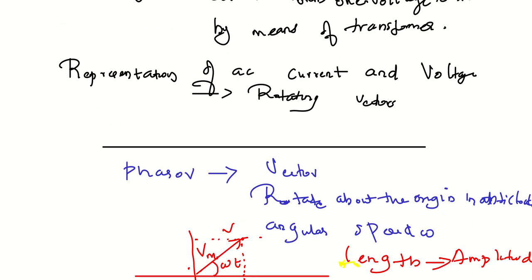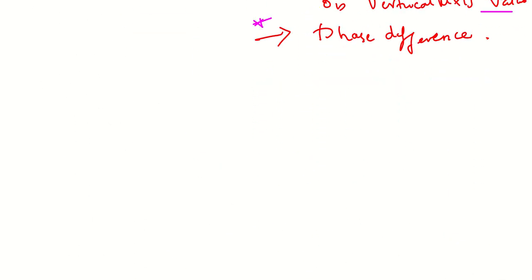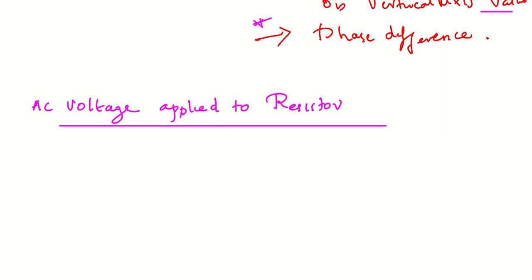Now we are going to AC voltage applied to a resistor. So the next topic is AC voltage applied to a resistor. You know the resistor notation and all. So you consider the figure.